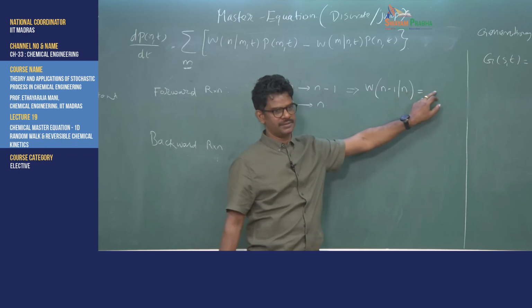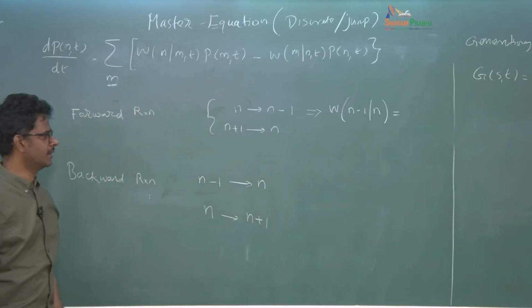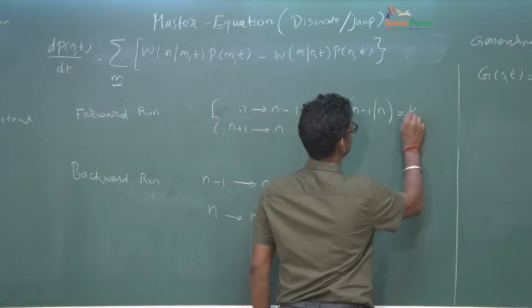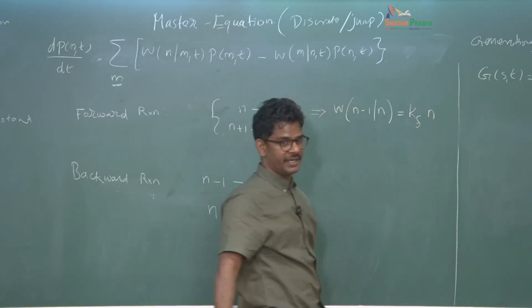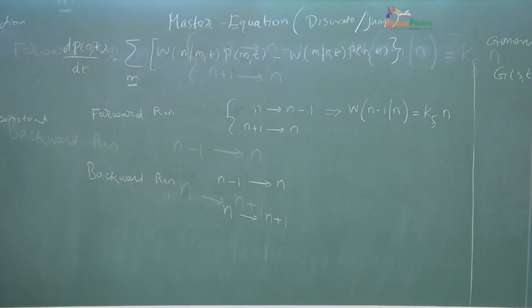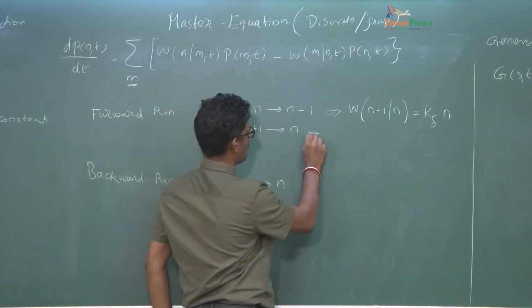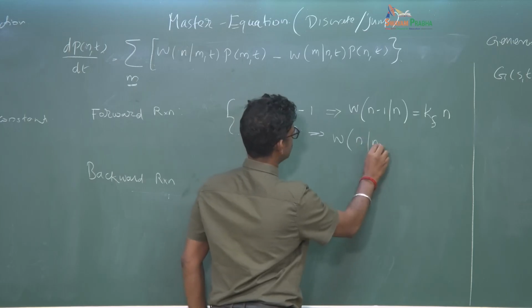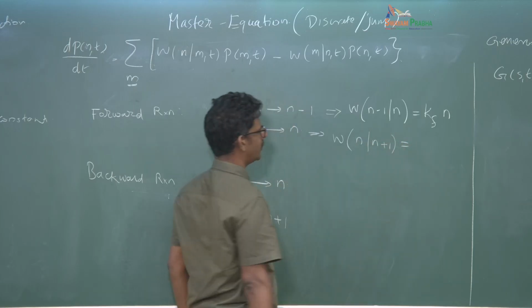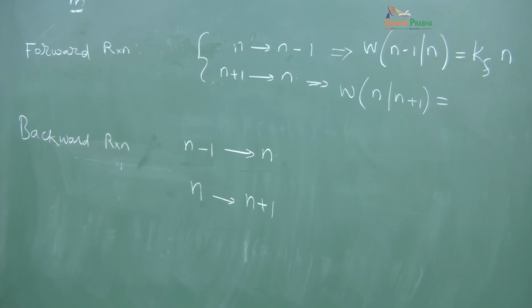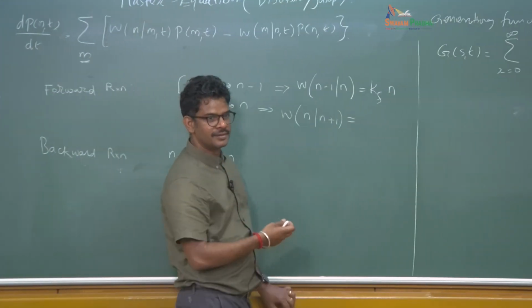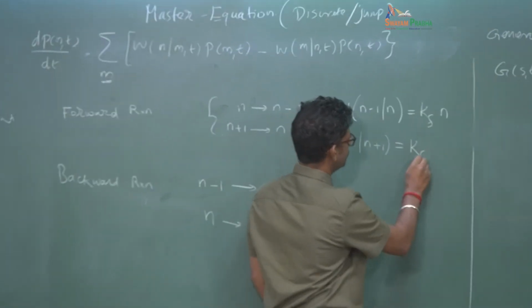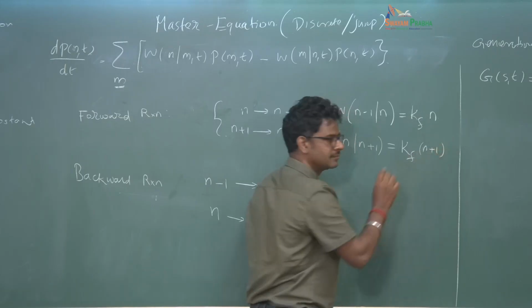So what would this be? Kf n. Okay, what about here? W n plus 1. What about this? Forward reaction with the state n plus 1, what would the rate be? Kf times n plus 1, correct, right?